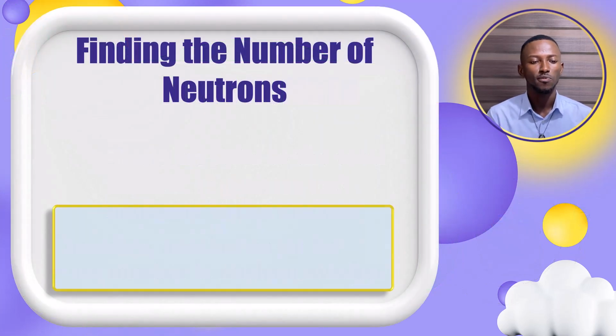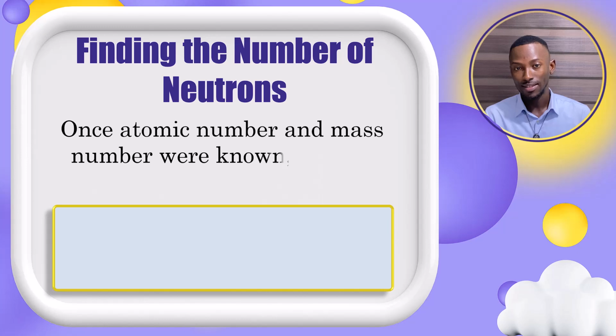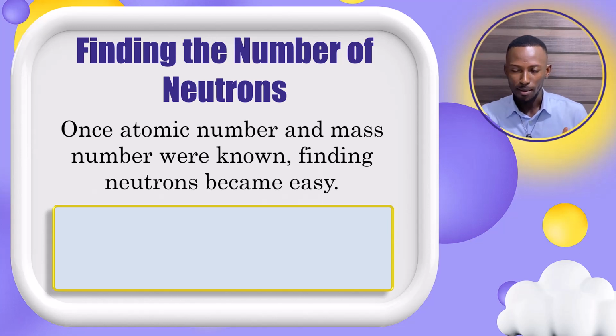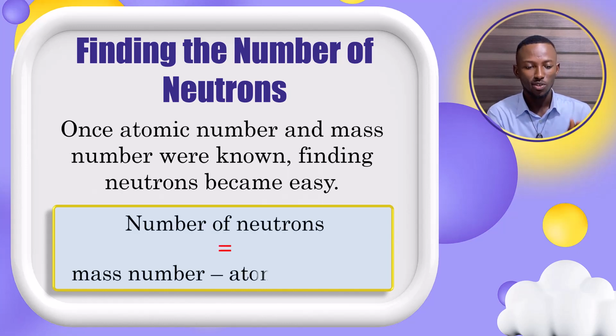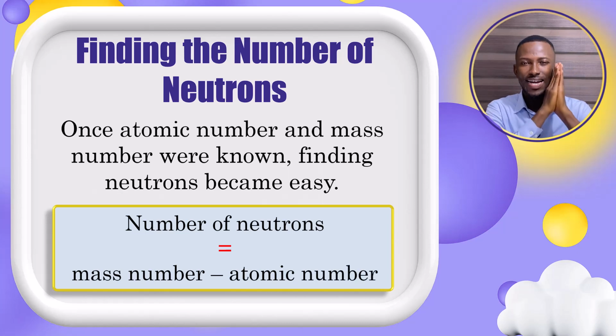The next thing we want to find is how to find the number of neutrons. We've known that proton number, the number of protons, is the same as the atomic number. And mass number is proton plus neutron. Now, how do we find the neutron? As simple as this. If you know the atomic number and you know the mass number, you can find the number of neutrons using this formula: number of neutrons is equal to mass number minus atomic number.